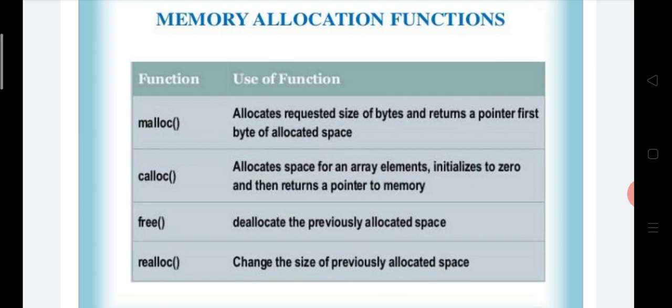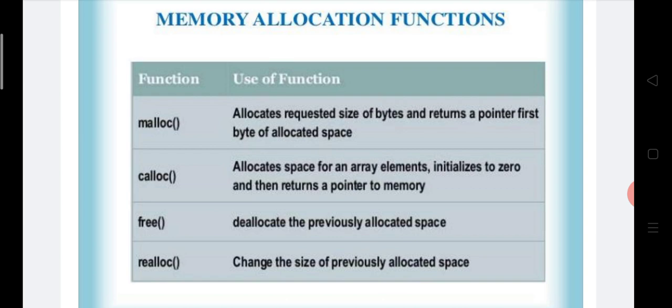It allocates the specified number of bytes. Whatever we specify here, that number of bytes will be allocated by calloc. Initially it initializes all the bytes to 0. The next one is free, which deallocates the previously allocated space.